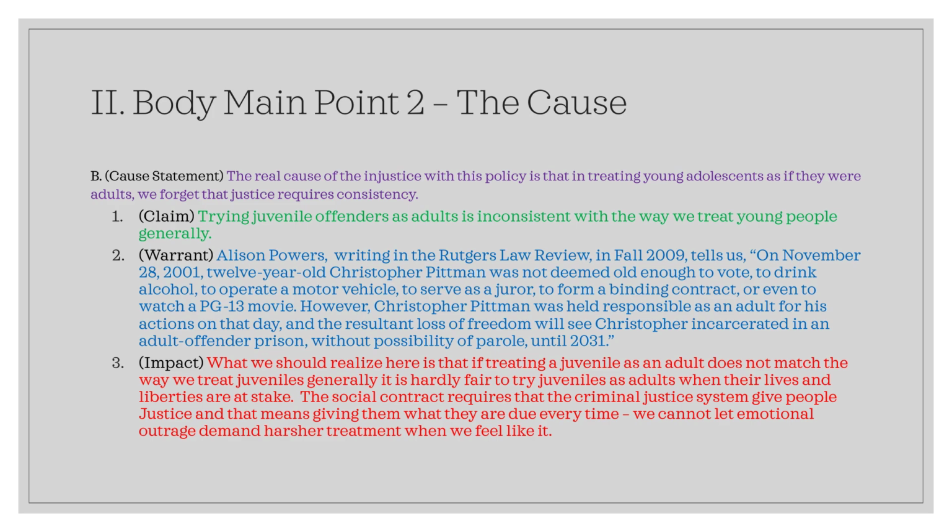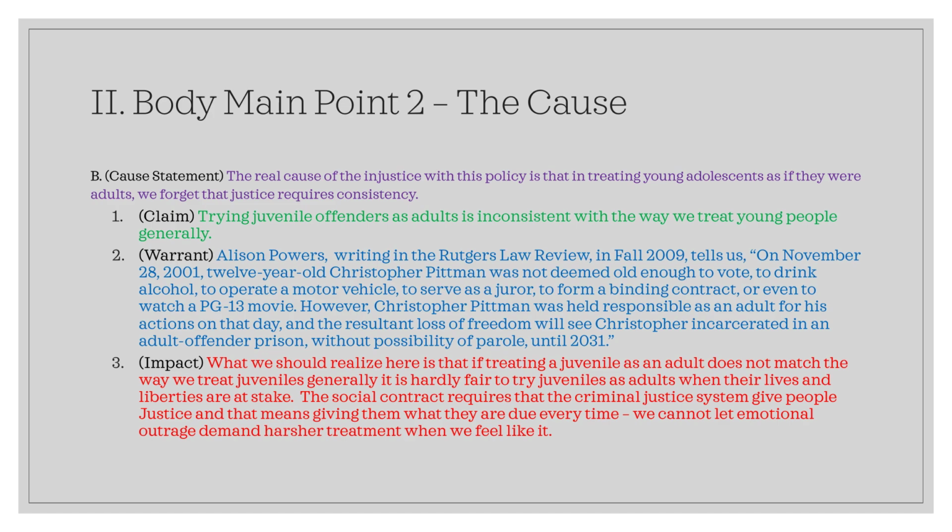Allison Powers, writing in the Rutgers Law Review in fall 2009, tells us, on November 28, 2001, 12-year-old Christopher Pittman was not deemed old enough to vote, to drink alcohol, to operate a motor vehicle, to serve as a juror, to form a binding contract, or even to watch a PG-13 movie.